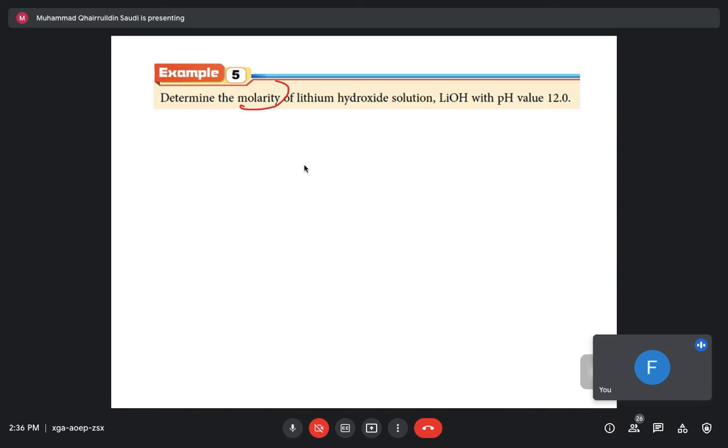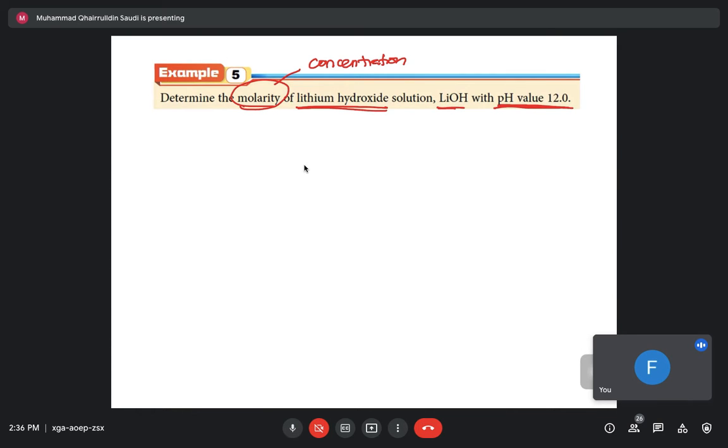Determine the molarity. Okay, awak nampak perkataan molarity, jangan takut lagi. Tahulah bahawa dia tengah tanya tentang concentration of lithium hydroxide, LiOH, with pH value 12. Okay.